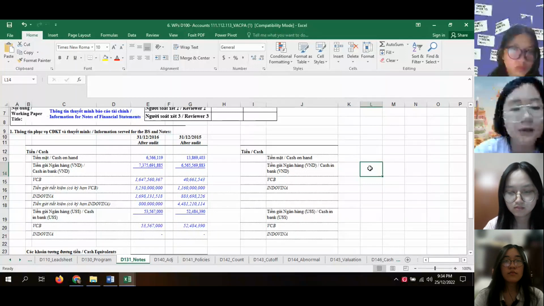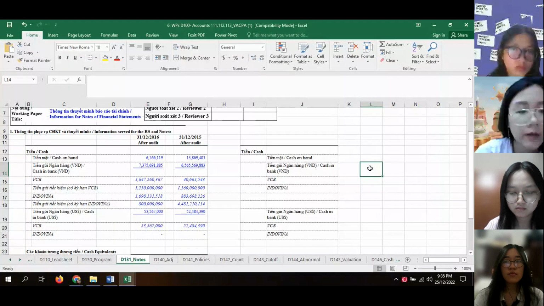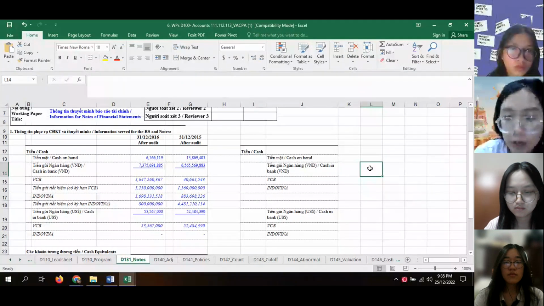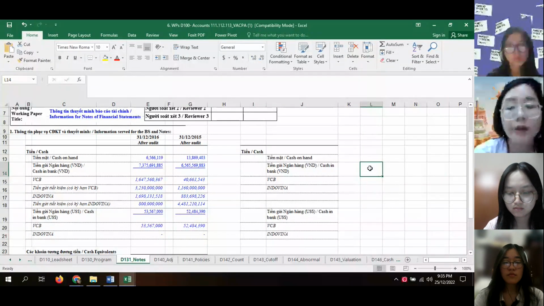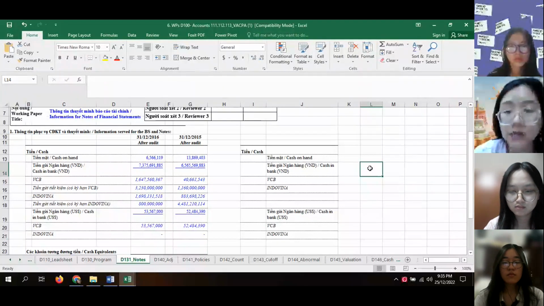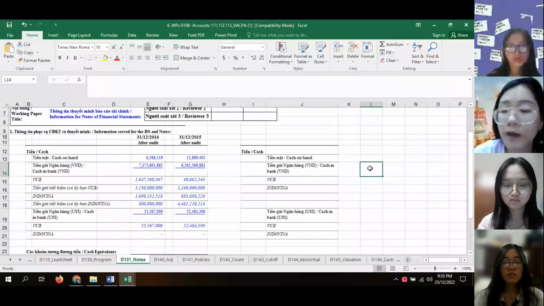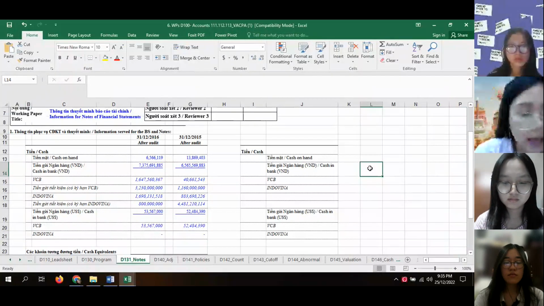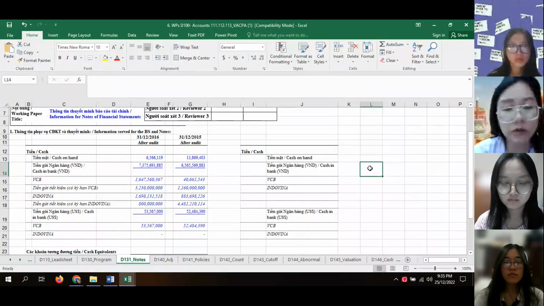So we only need to prepare the numbers for this year. We don't need to create another step to prepare the financial statements, because we only need to follow the prior year.